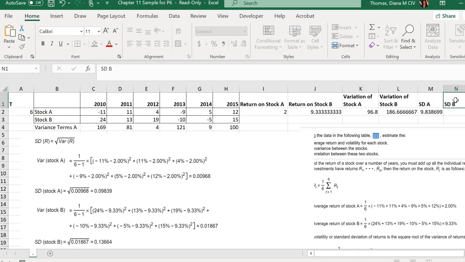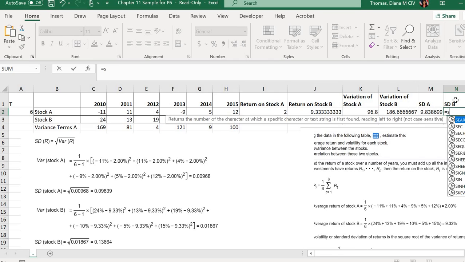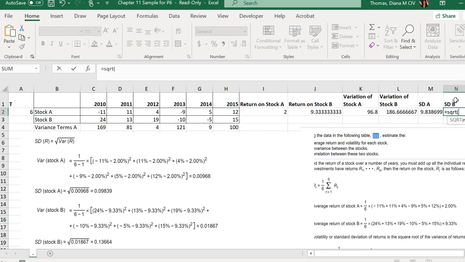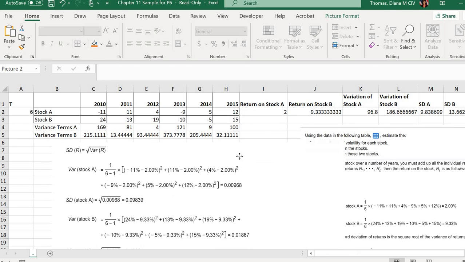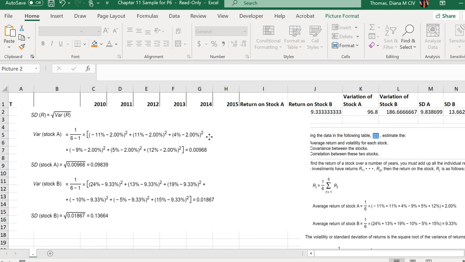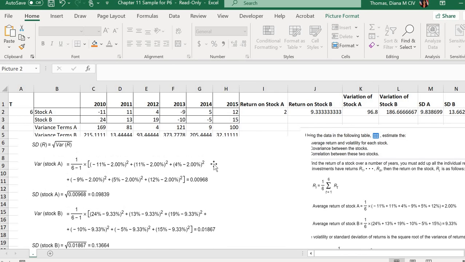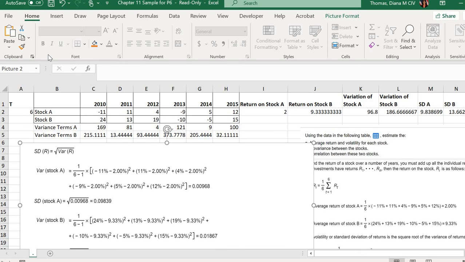Standard deviation of B would be equals square root of the variation of B. And the same number, but I have to divide by 100. And if I divide by 100, I do get what I need to get on these two, the standard deviations. I'm not sure why the variations are off on theirs. I'm definitely not doing anything wrong because this is just scrolling in Excel and I'm doing exactly their calculations. Okay, so that's part A complete.